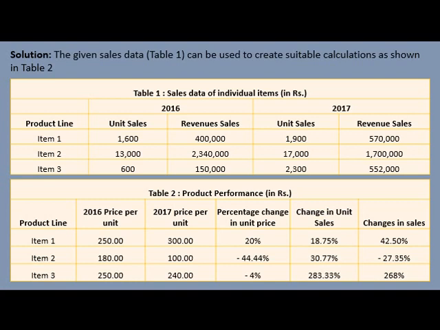We also need to determine the change in unit sales and the change in sales revenue for each individual item during the same period. These calculated data will provide us important information for analyzing performance of each individual item. Let us now try to understand how these calculations are performed.